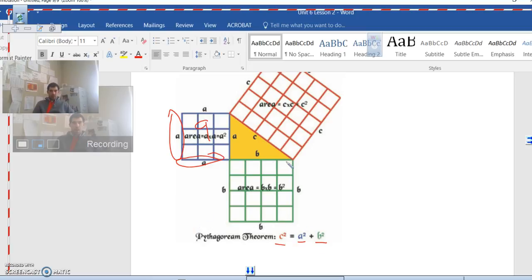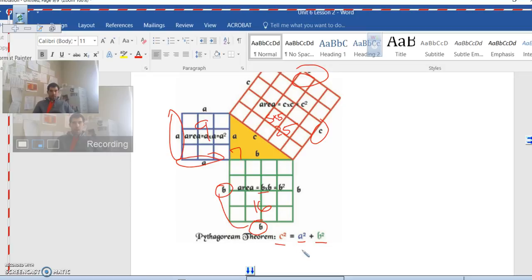Plus b squared, the other side length, the two sides that are attached to the right angle. So b times b, 4 times 4, is 16. That equals c squared, c times c, which is 5 times 5, which is 25.